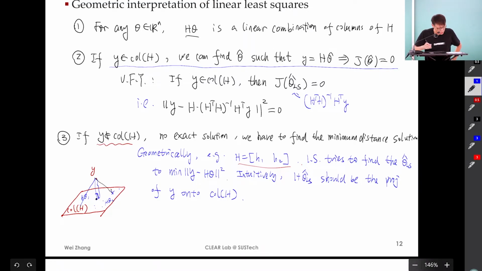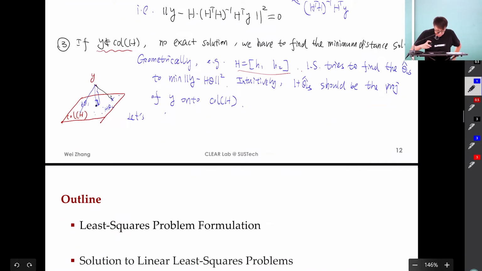Okay, we need to verify our intuition. How to verify that?